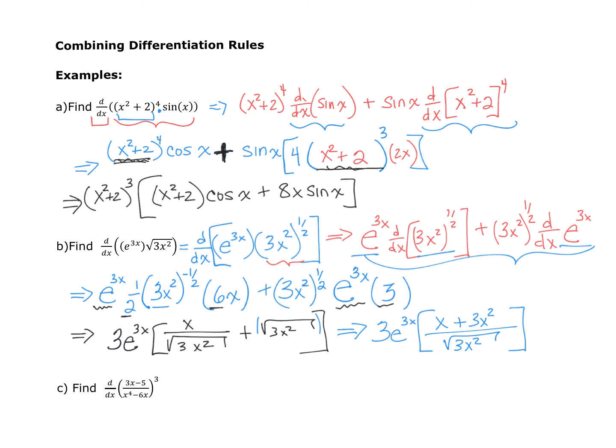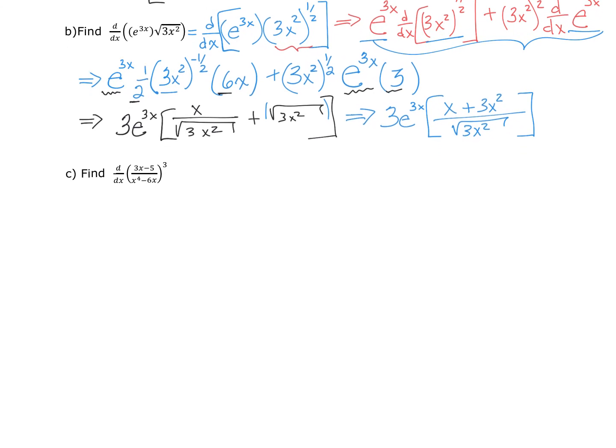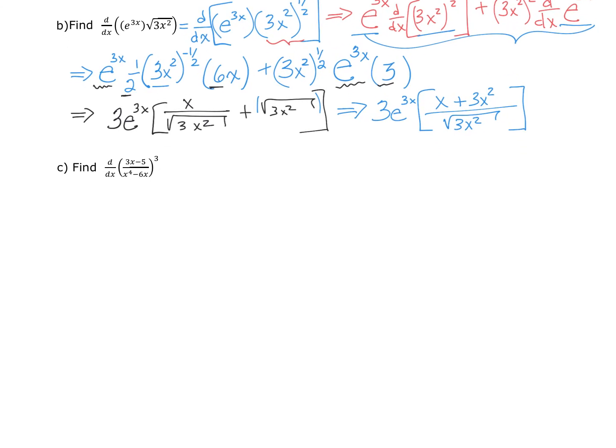Okay, I have one more example here. This is finding the derivative of a quotient. So we are going to have to use the quotient rule, but we also have a composition. So if you're thinking outside and inside functions here, you might think of raising something to the third as your outside function, and your inside function being 3x minus 5 over x to the 4th minus 6x.